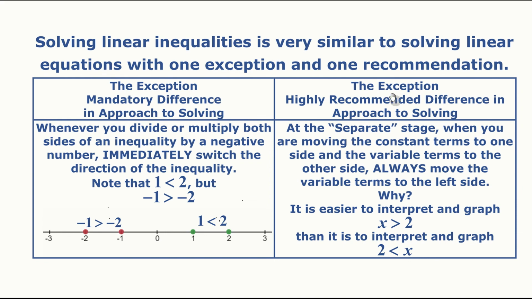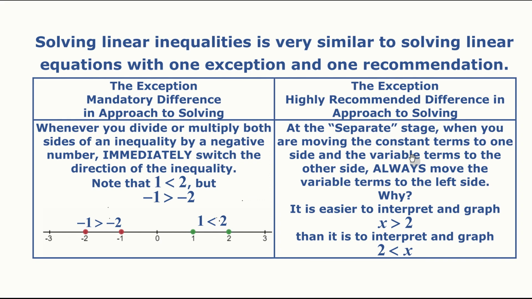The other exception is a recommendation, actually. But it's highly recommended, and that is that when you're at the separate stage, you know how we separate the variables from the constants, always move the variable terms to the left side, okay?